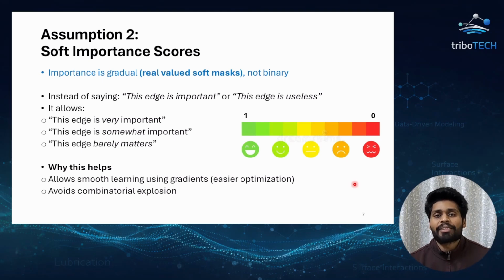There is nothing like a 0.7 edge, right? So this is the downside of soft importance scores, and they are therefore not usually preferred in the case of edges. Some of the explainer tools prefer using soft importance scores, whereas others use different techniques, which we will see in other videos.